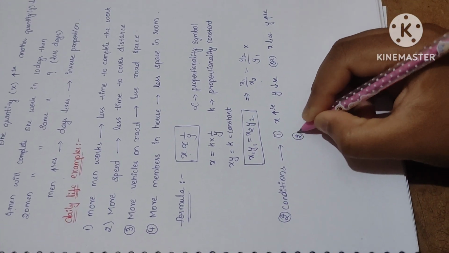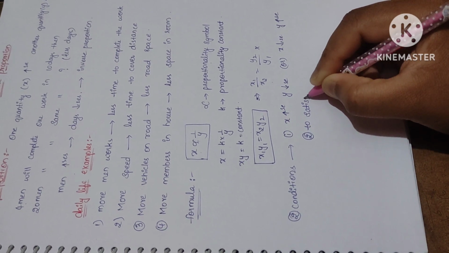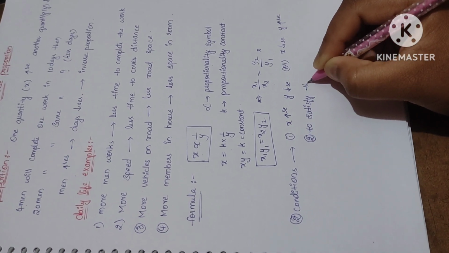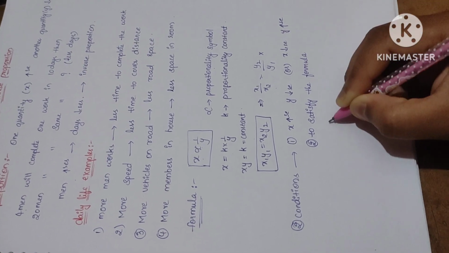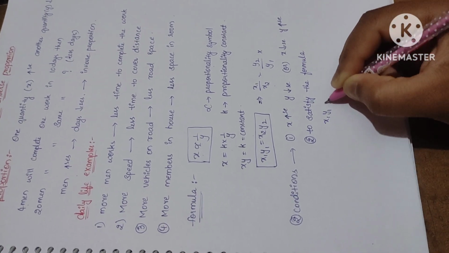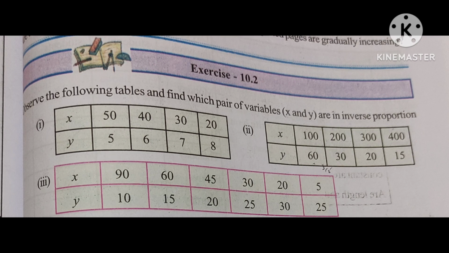The second condition is to satisfy the inverse proportion formula, that is x1 y1 equals x2 y2. If these two conditions are satisfied, you can say that the problem is in inverse proportion. Next, in exercise 10.2, first problem: observe the following tables and find which pair of variables x and y are in inverse proportion.